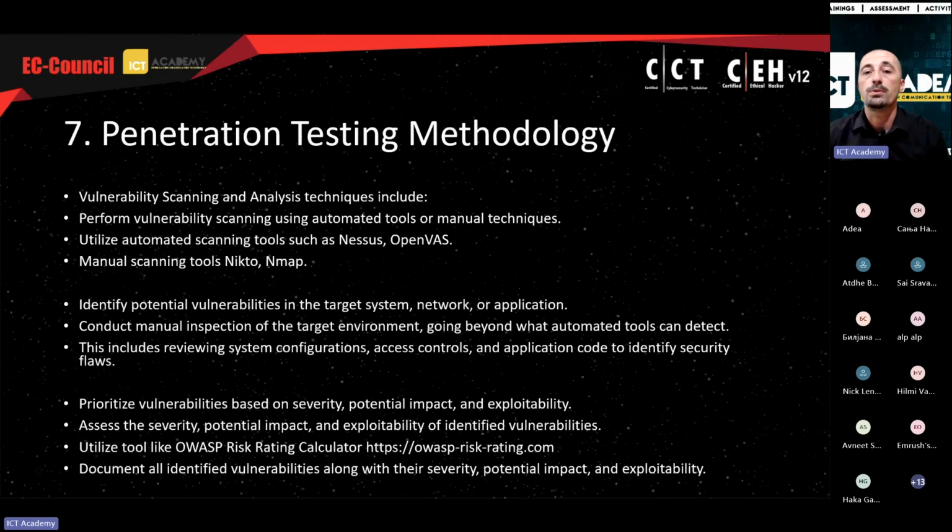It helps you very much to evaluate and prioritize the vulnerabilities based on severity, potential impact, and their exploitability. It helps you make such a ranking based on the risk. And the most important thing is to document all identified vulnerabilities.